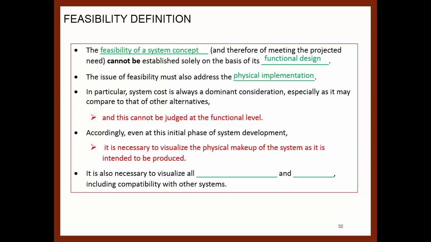And this cannot be judged at the functional level. Accordingly, even at the initial phase of the system development, it is necessary to visualize the physical makeup of the system as it is intended to be produced. It is also necessary to visualize all the external constraints and interactions, including compatibility with other systems. Like in the case of electric cars, do we have the structure to support these new cars or this new technology?